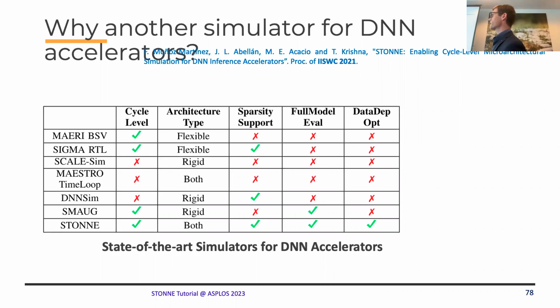Surprisingly, there are simulators that don't allow this. And data-dependent optimizations: I'm not going to cover this because it will take more time, but just to give you a brief idea, there are some optimizations that are only possible when you are reading and viewing the value of the parameters that you are computing.